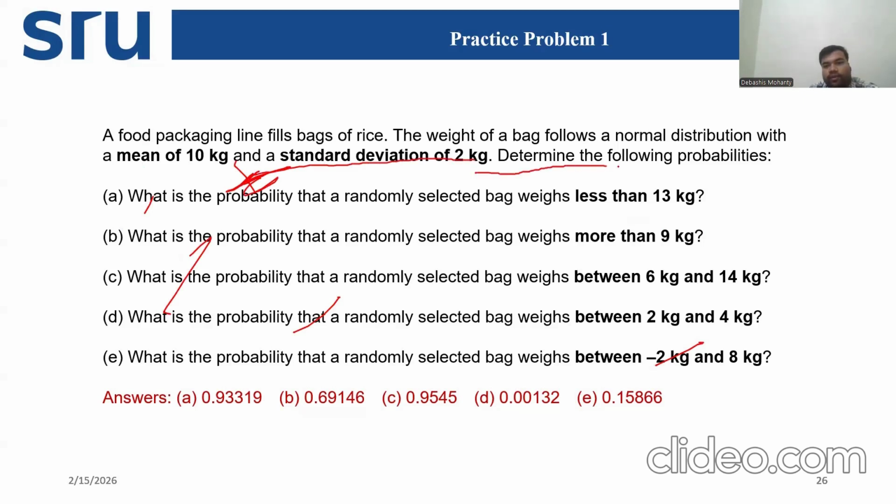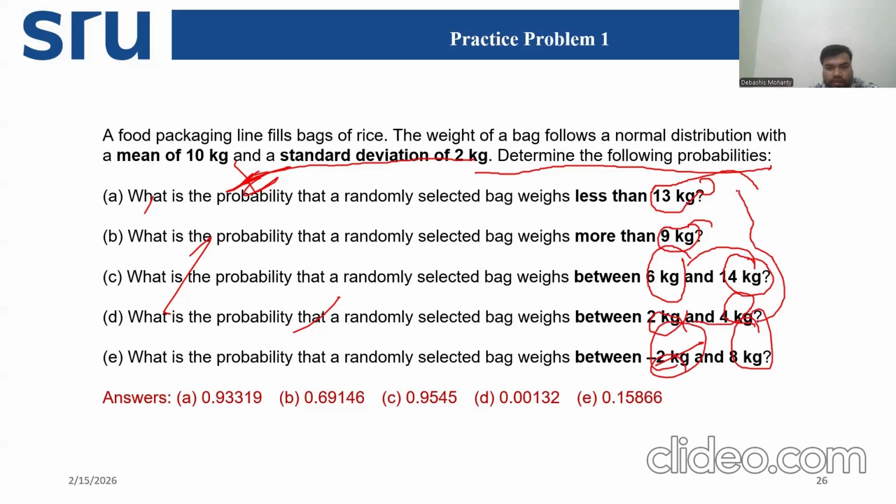Determine the following probabilities: the probability that a randomly selected bag weighs less than 13 kg, more than 9 kg, between 6 kg and 14 kg, between 2 kg and 4 kg, and between minus 2 kg and 8 kg. You need to calculate all these values.